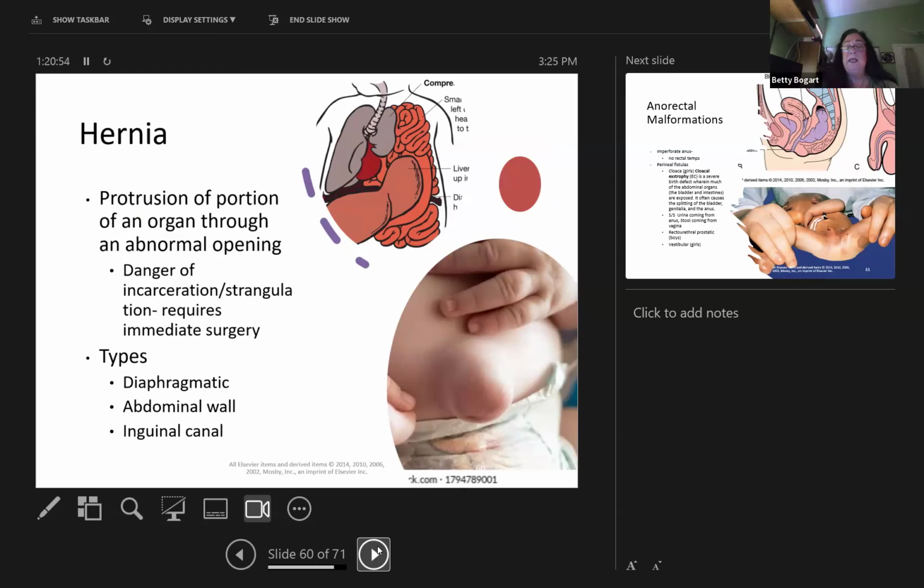And the only treatment is surgery. So you get a child who has, let's say, an umbilical hernia that's all of a sudden in severe pain. Stop eating, send them to medical care, send them to the hospital. They have to have surgery, or that piece of intestines will die.